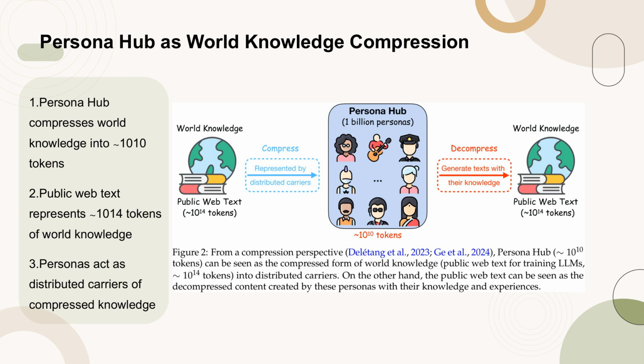Conversely, the public web text can be seen as the decompressed content generated by these personas, reflecting their collective knowledge and experiences. This perspective highlights how Persona Hub serves as a distributed carrier of compressed world knowledge, offering a scalable and efficient way to represent and access vast amounts of information.